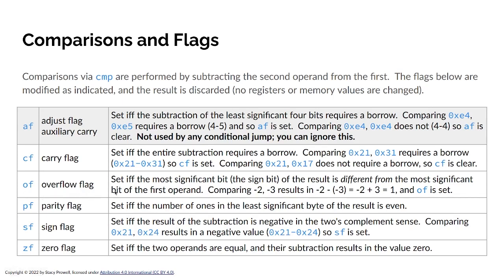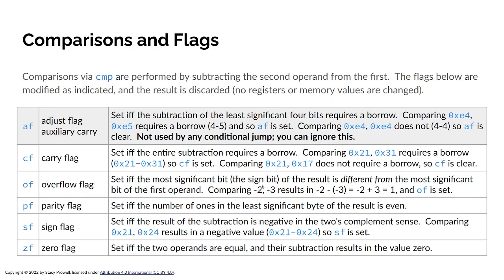How about the overflow flag? This is set if the most significant bit, that is the sign bit, of the result is different from the most significant bit of the first operand. Well, that will happen when the sign changes. So suppose I compare -2, -3.